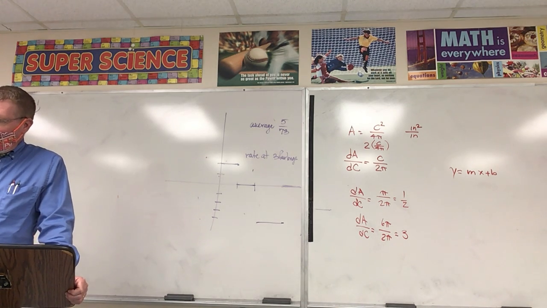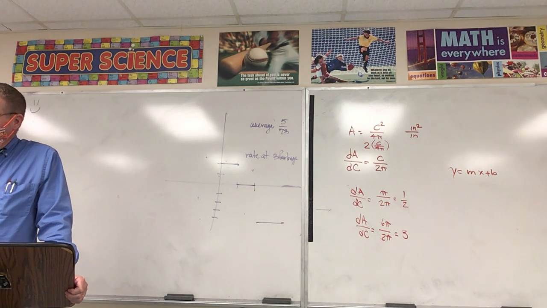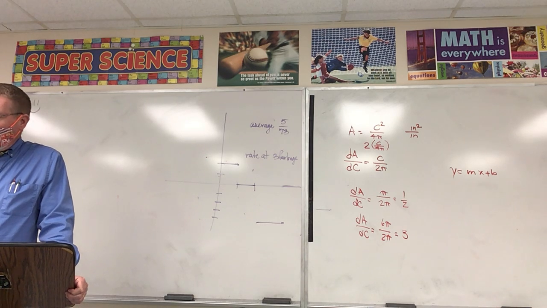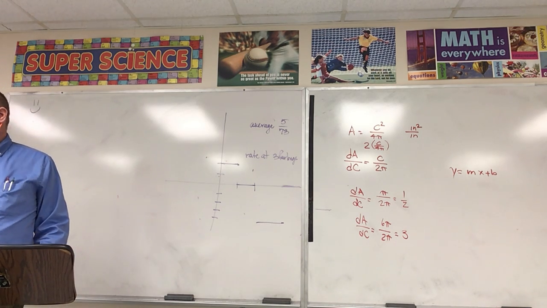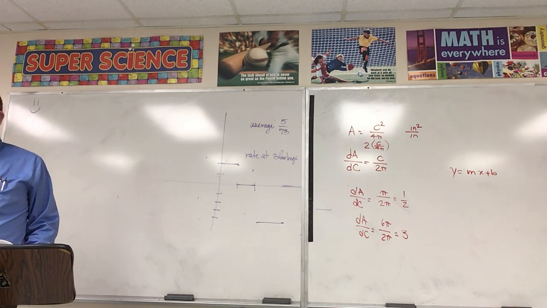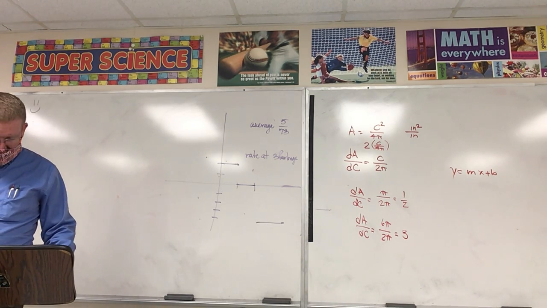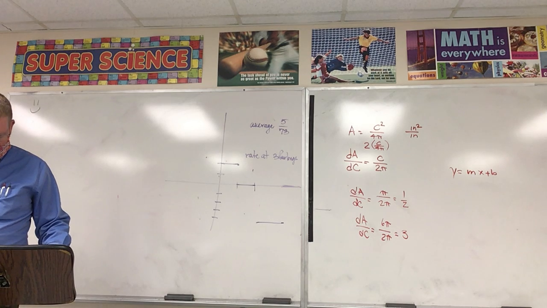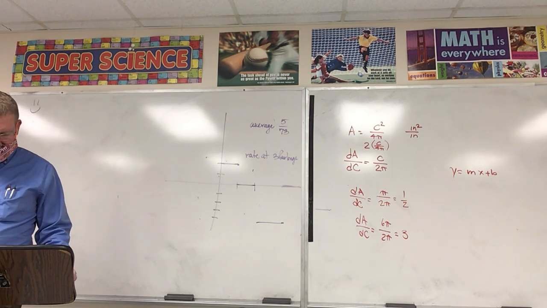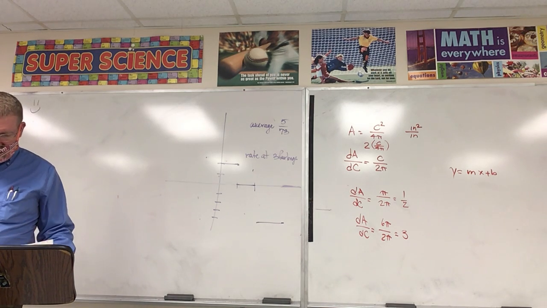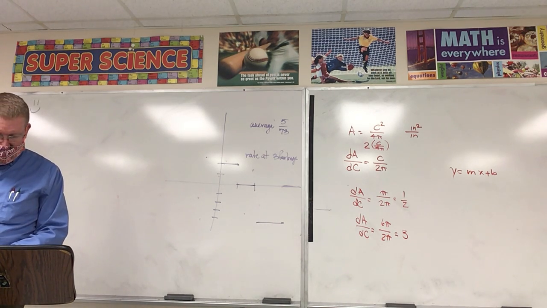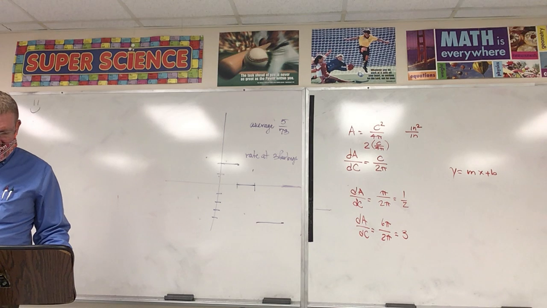73 seconds. Distance over time. So 5 over 73 would be my average speed, because 73 is the whole time you were going, and every distance was 1, and they've already added them up.